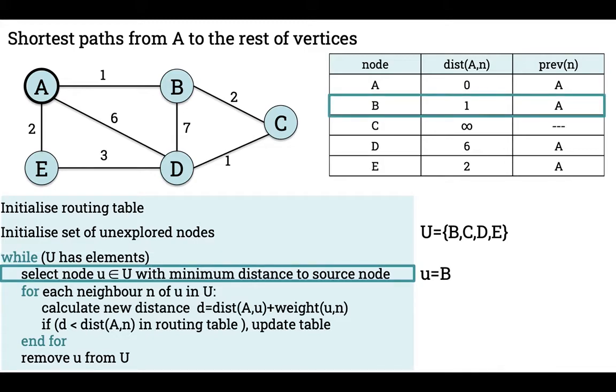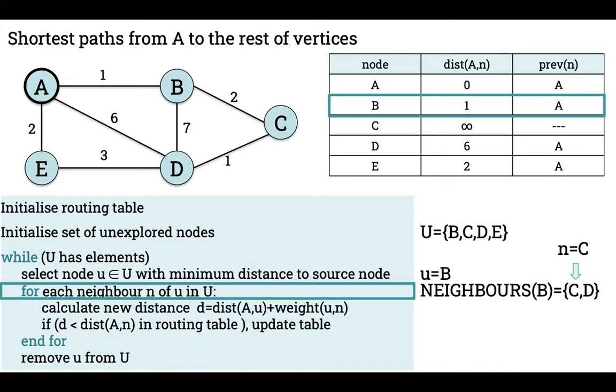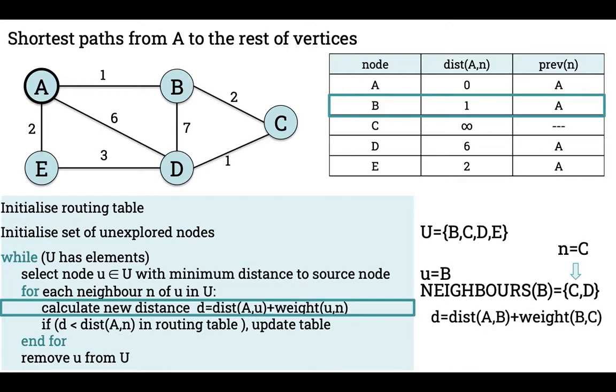We select the next node in U with minimum distance to the source node, which is node B. And we identify the still unexplored neighbors of B. They are nodes C and D. Let's start with node C. We calculate the distance from the source node A to the node C by using the route that passes through B. From the routing table, we already know that the distance from A to B is equal to 1, and from the graph information, we know that the link BC has a weight of 2, so this distance is equal to 3.